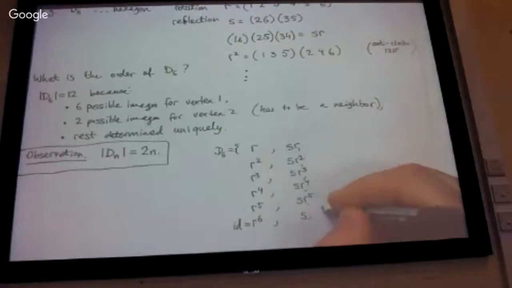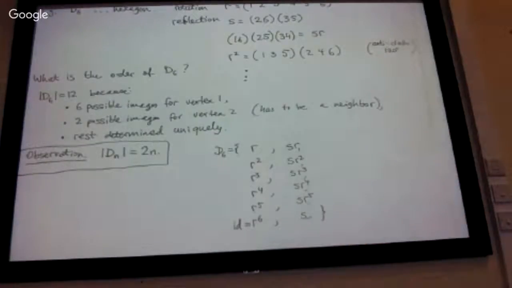And this is all the 12 elements of the group. And that's all of them. Okay? That's because I'm telling you. But you have to think about it.